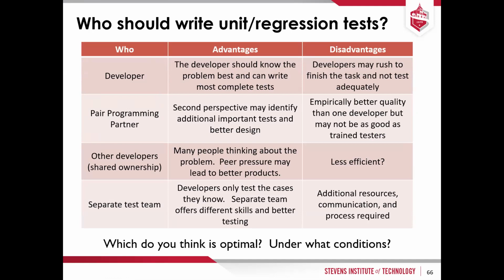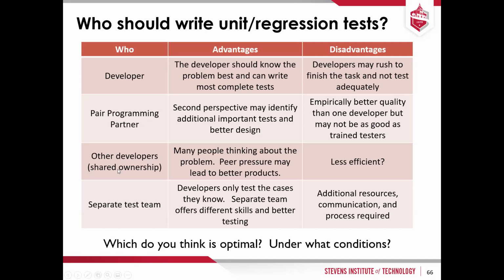The disadvantage is they only focus on what they did. They may overlook other possibilities. In the pair programming, the second perspective may identify additional important testing. So if I do something, the other person may add some stuff. The disadvantage is the empirically better quality than one developer, but may not be as good as a trained tester.